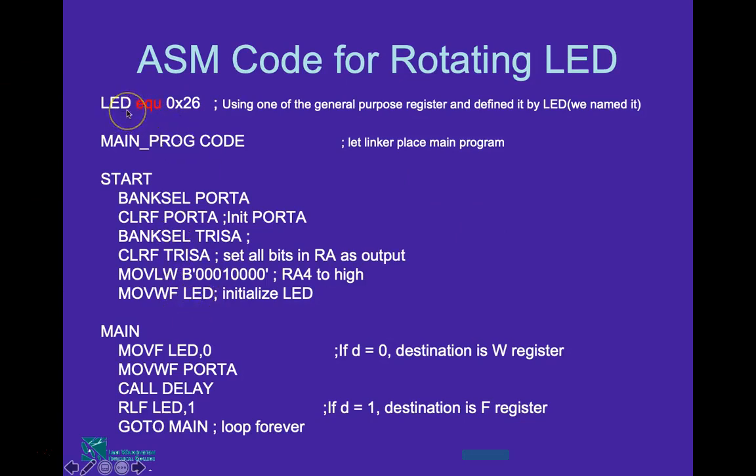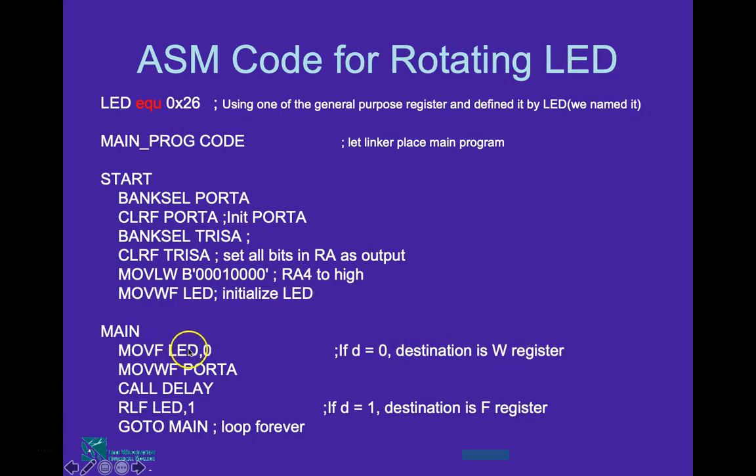This LED is defined at address 0x26, which is a general purpose register. So I'm moving this 8-bit data into this LED, and then the main code says move F LED comma 0, which means the content which is there in LED has been moved to the working register. You remember when D is equal to 0, the destination is the W register.